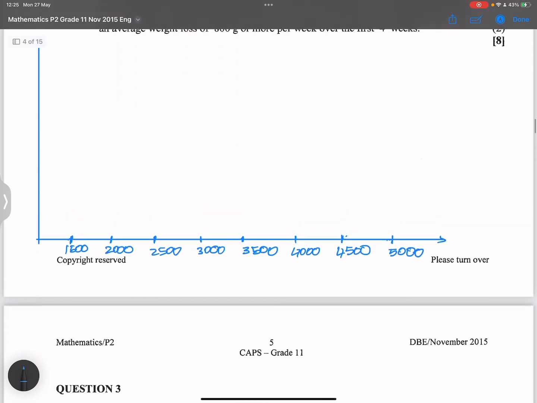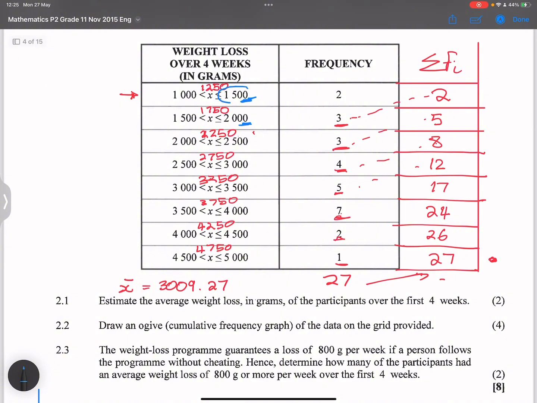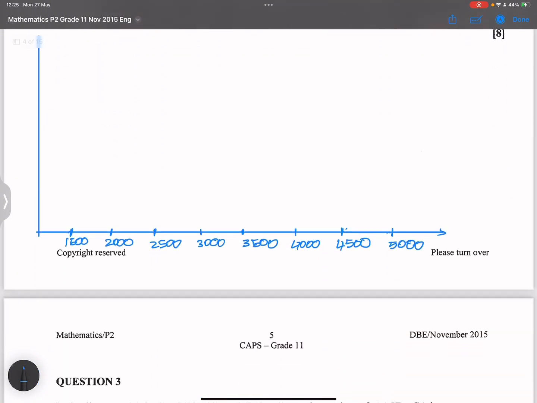Now remember, ladies and gents, I am going to take this value over here together with the value of the cumulative frequency. So I can see I start from 2 and go all the way to 27. So let me just increase my values here in 2s. So that's 2, 4, 6, 8, 10, 12, 14, 16, 18, 20, 22, 24, 26, 28.